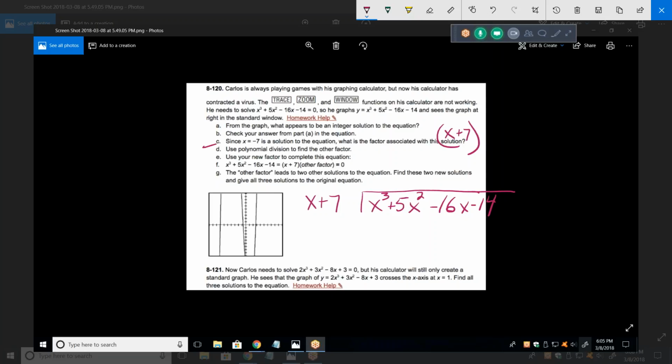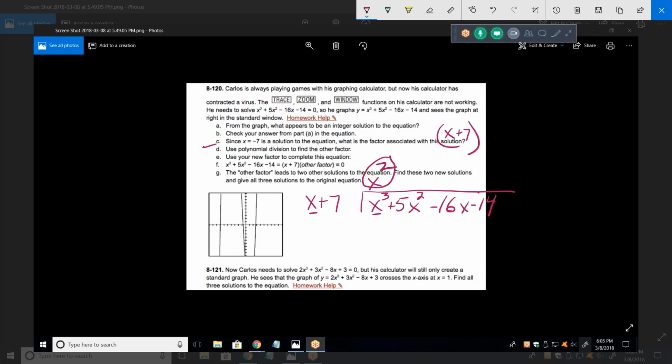I think we might have gone through it once, but vaguely. It's pretty easy. Once you do it once, you divide that into that. What do you get? X squared. That's the first step, always. Now, you take that and you multiply it by both terms.